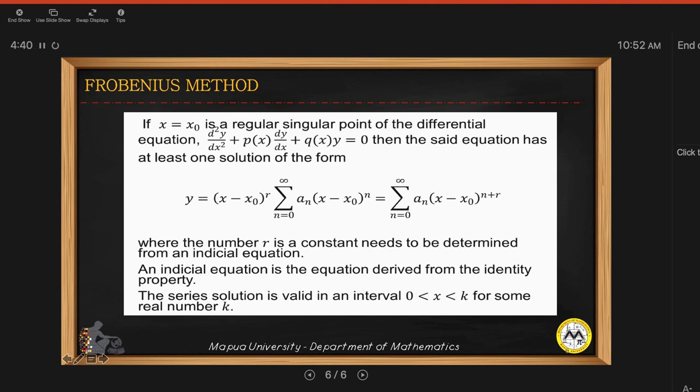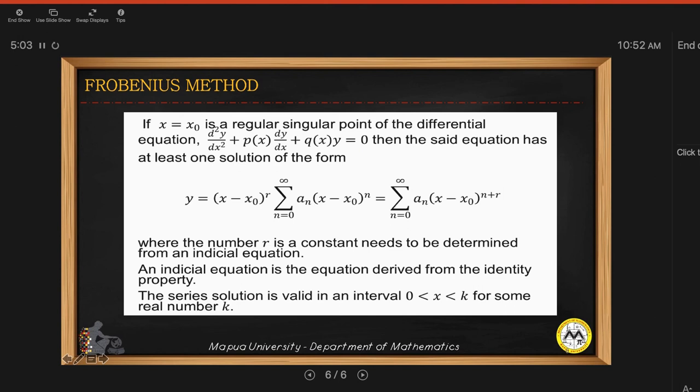In the Frobenius method, we multiply by x minus x sub o raised to the power of r, but your x sub o here is a regular singular point. And then simplifying, we get this power series solution, where the number r is a constant that needs to be determined from the initial equation.